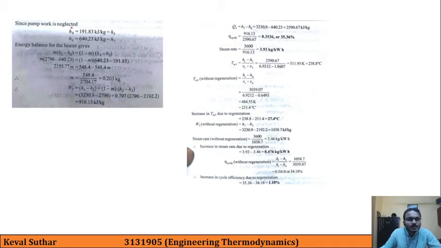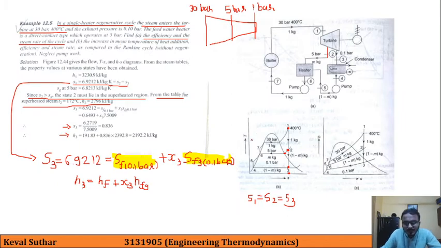Since the pump work is neglected, these two values are written. Now from where is this written? Here pump work is neglected, so H4 is considered equal to H5.